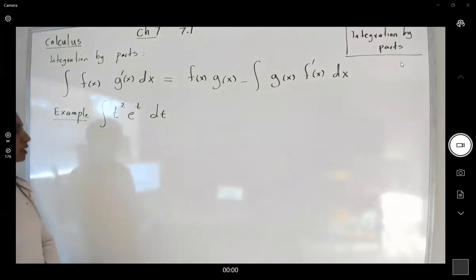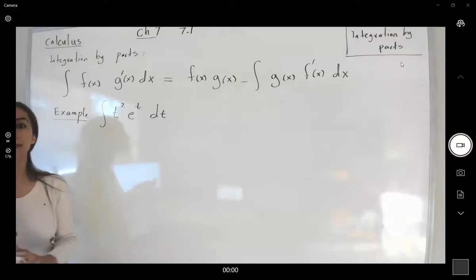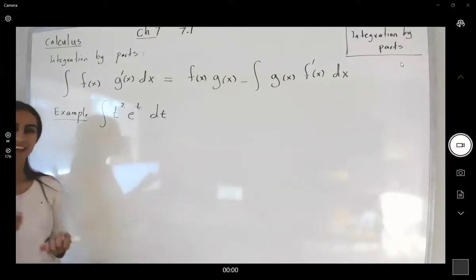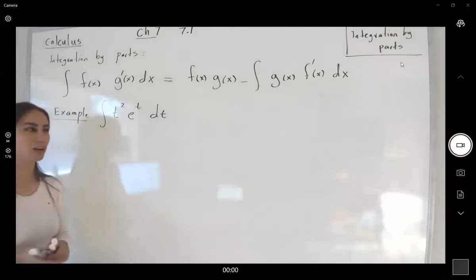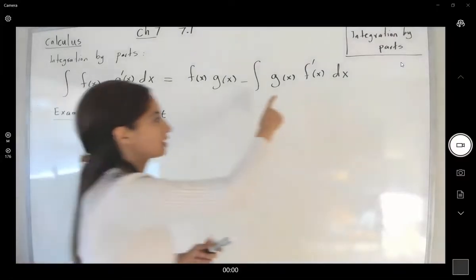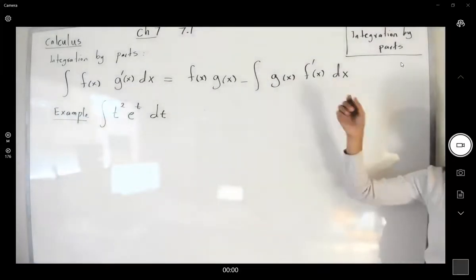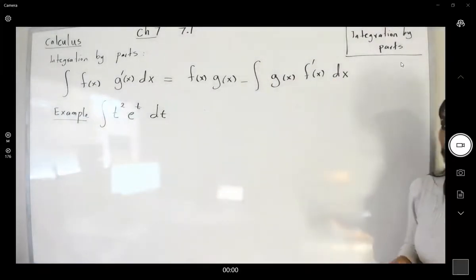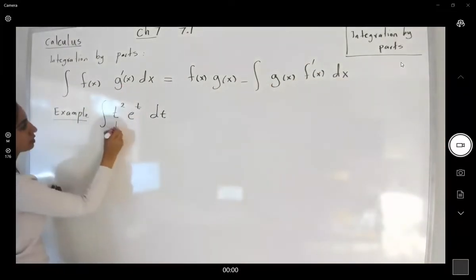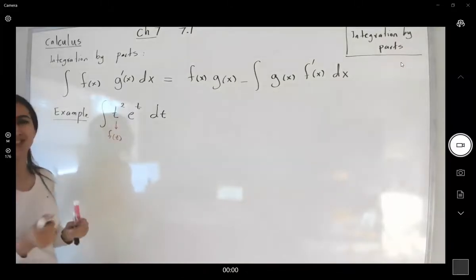Remember that when we have linear, quadratic, cubic, or other expressions, it's good to start by taking those as your f. Why is that? Because in the integral, you can reduce the exponent and it makes it easier to calculate the integral. So let us try to take this guy as your f. So f of t now, and e to the t dt is g prime.